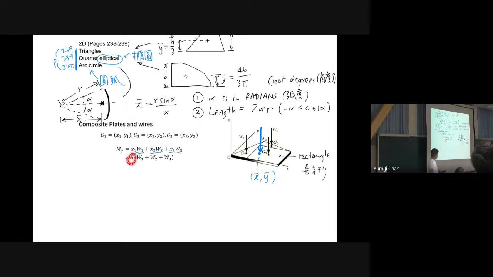The total moments due to the whole area about the Y-axis is like this. The total weight of the whole area is W1 plus W2 plus W3. So this is the force, and then for the moments it is X bar, which of course is unknown. Right, this is unknown.